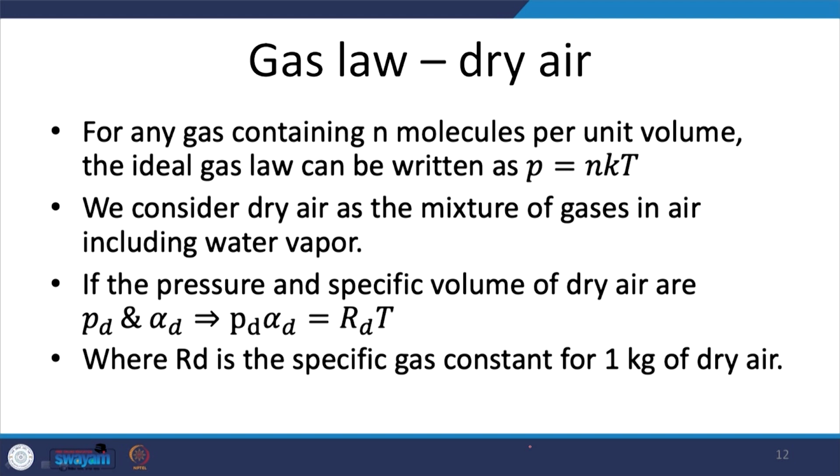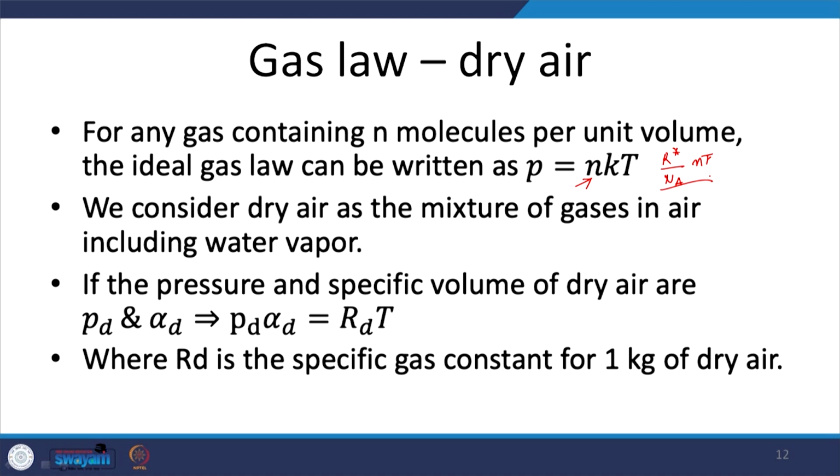Mass by volume is the density, so you can get rid of the density and replace it with the number of molecules per unit volume. We can write the equation of state as P equals NkT, right. So this volume term is now in N, and the Boltzmann's constant is R star by Na, so P equals R star by Na into N into T, right.